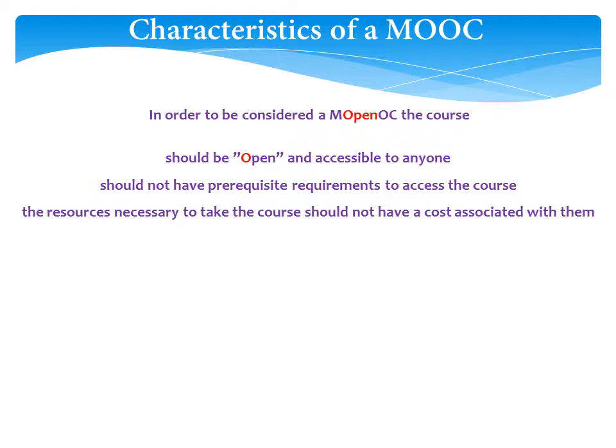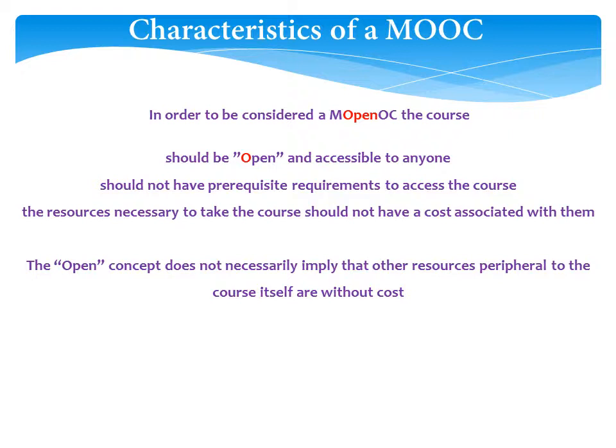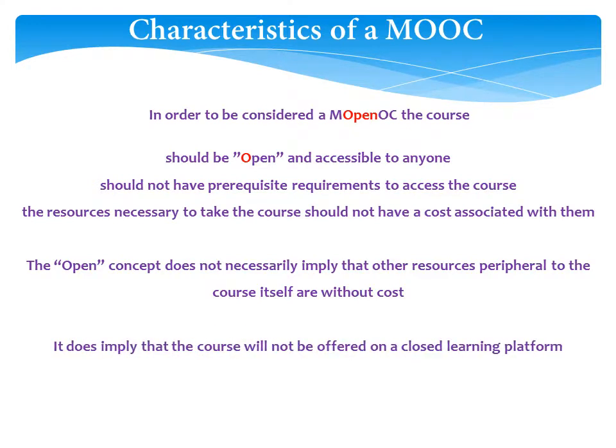Student access to the resources necessary to take the course, such as lectures and videos, should not have a cost associated with them, thus preventing access to the course. This open concept does not necessarily imply that other resources peripheral to the course itself, such as direct access to an instructor, scoring of tests or exams, the awarding of a diploma or certificate, are going to be without cost.